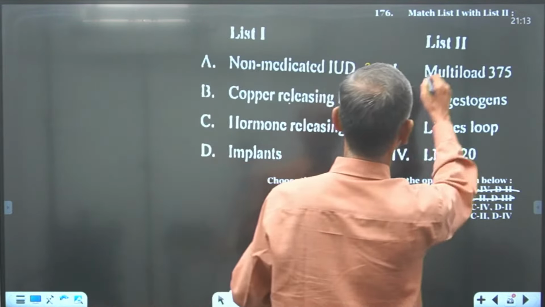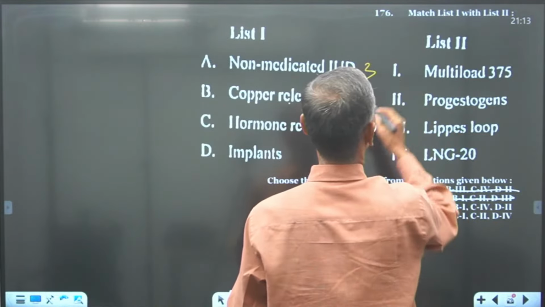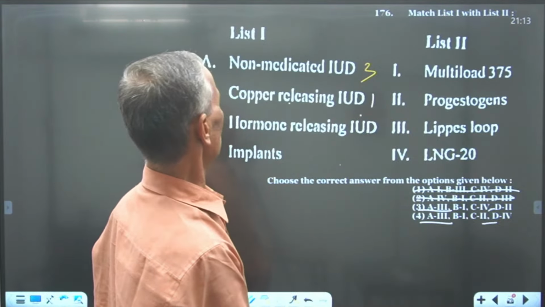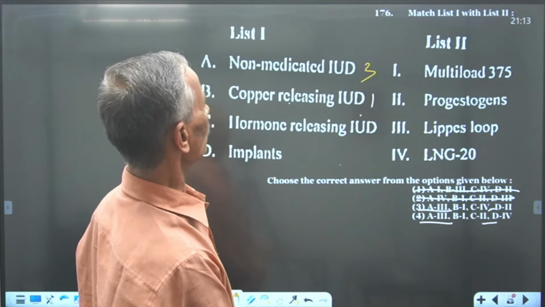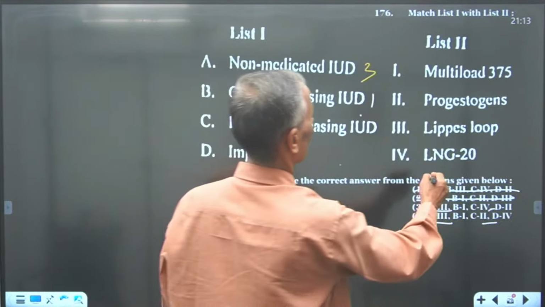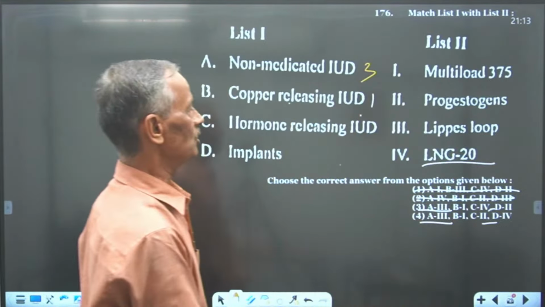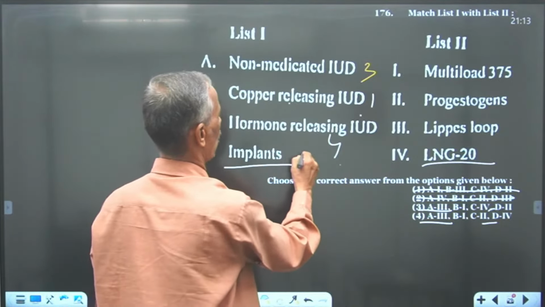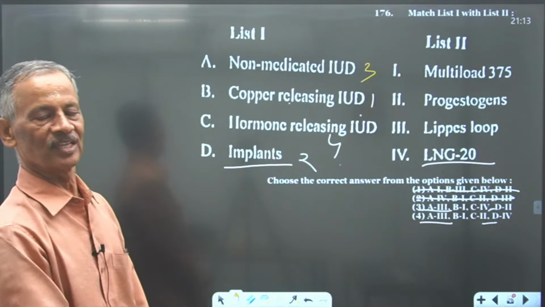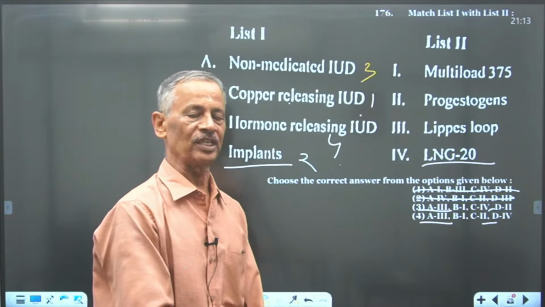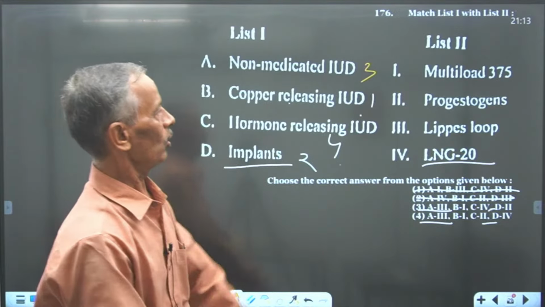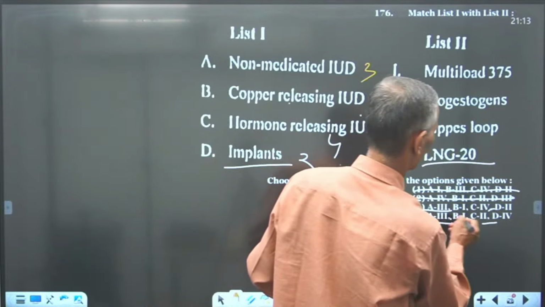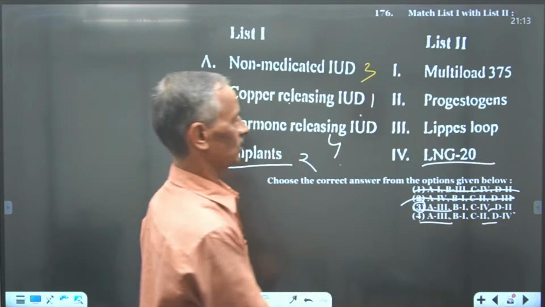Again, B is 1 in both cases, multi-load. Difference is in C, hormone releasing. Hormone releasing are levonorgestrel, LNG20. And implants are progesterones. Norplant is containing levonorgestrel, which is synthetic progesterone. So it is 3142. Answer is third one.